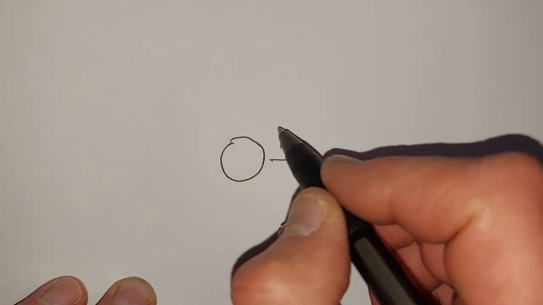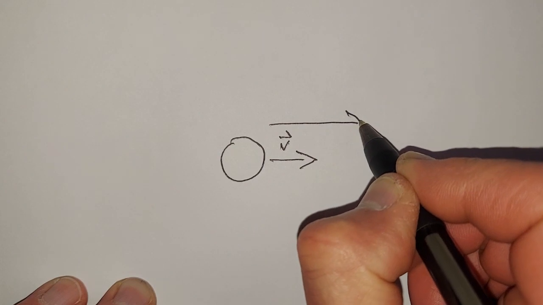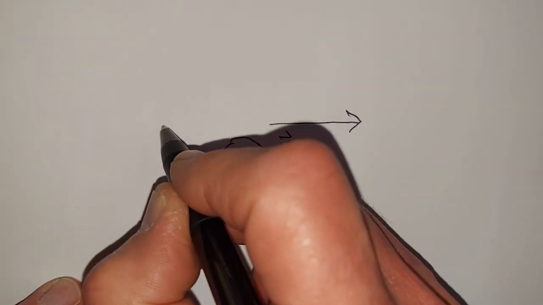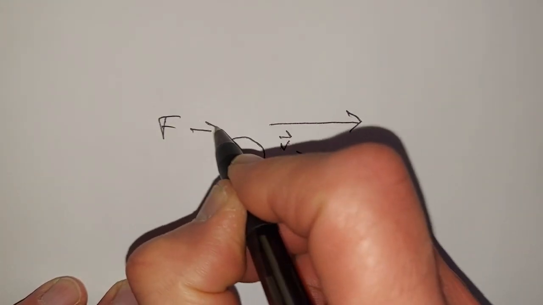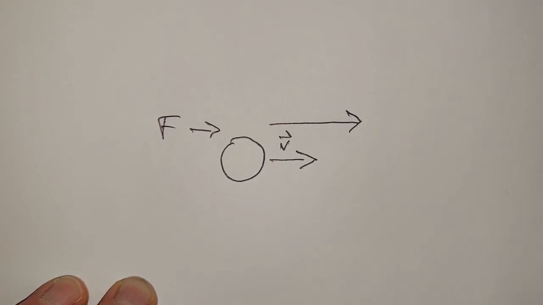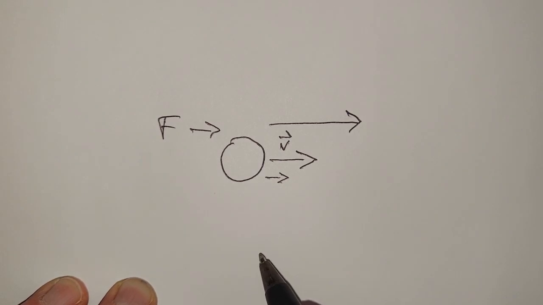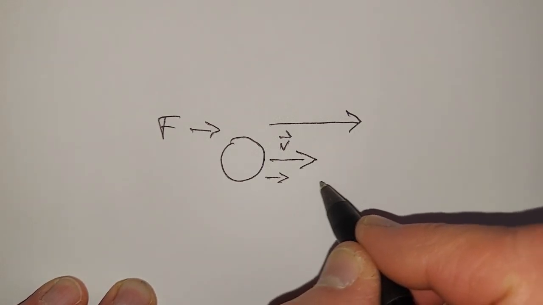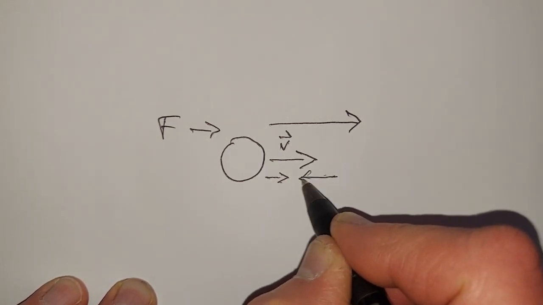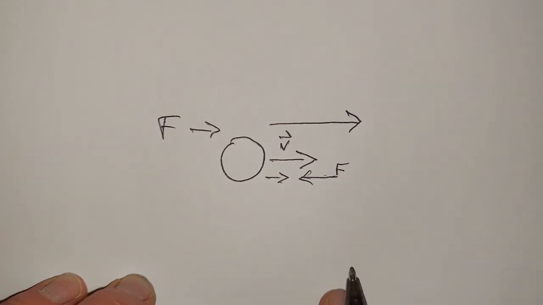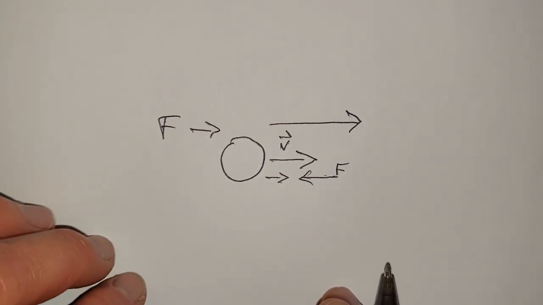So if its velocity suddenly gets bigger, that's because we had a force pushing it in that direction. But if its velocity slows down, that's because we have a force acting in the opposite direction.